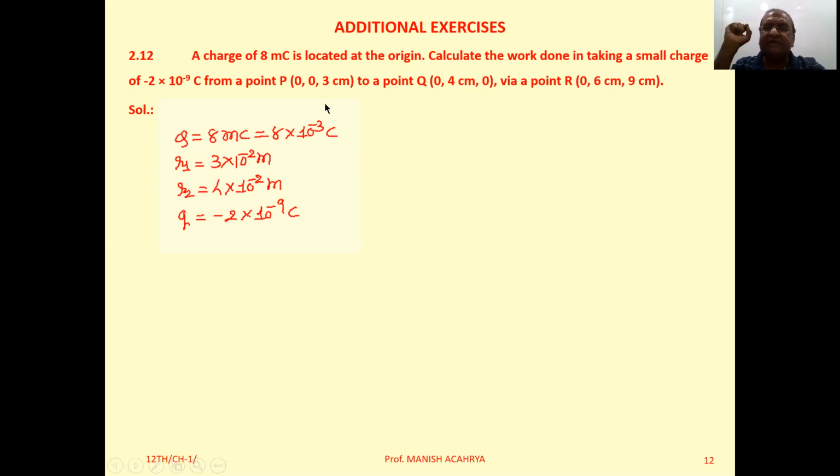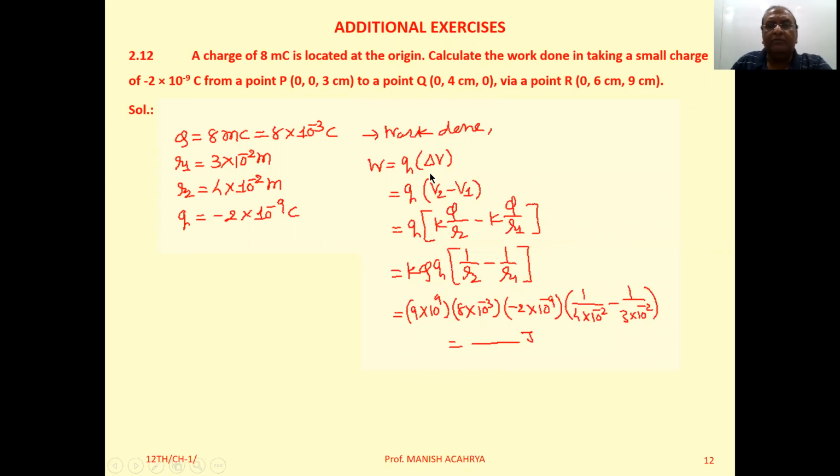Now, we know the work done is q into delta V. First of all we have to calculate the potential at point P, then the potential at point Q, and then take the potential difference between those 2 points, then q into delta V is the work done. And here it is given to you via point R. Work done does not depend on the path. So from which point it is taken from P to Q is immaterial.